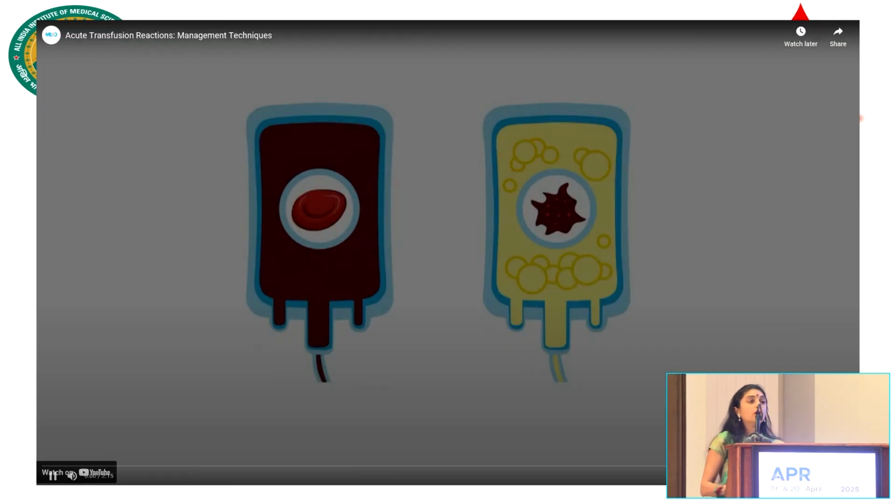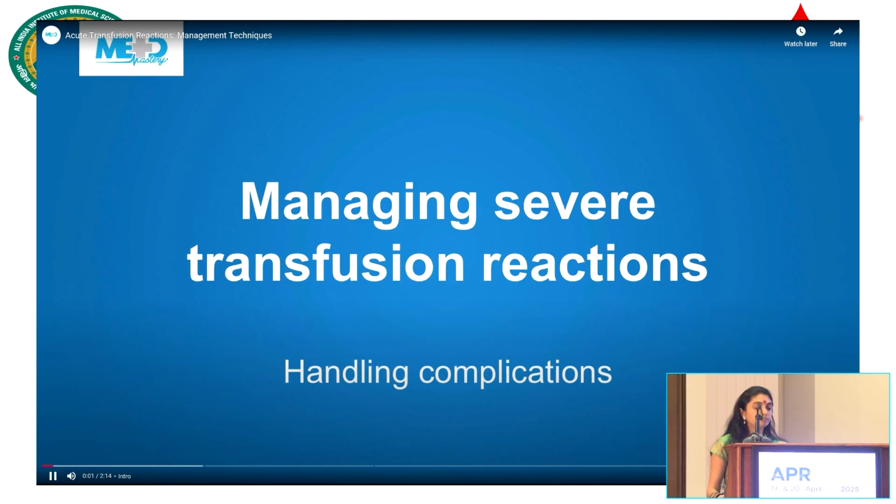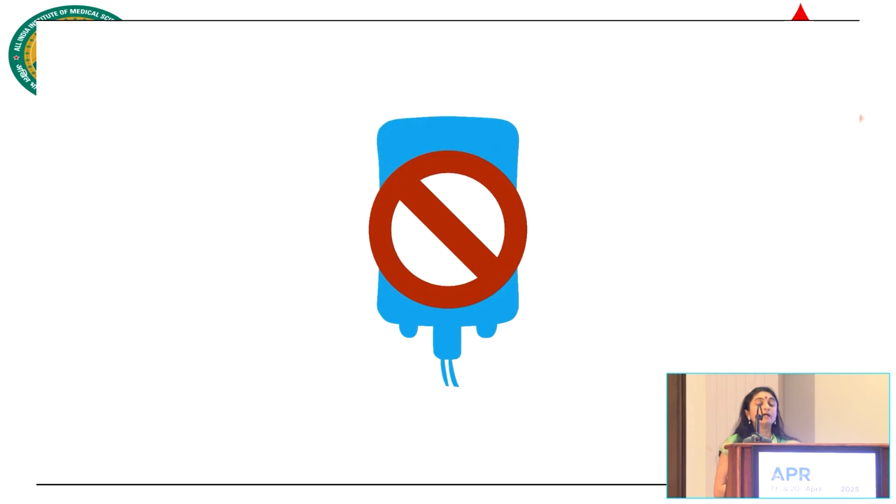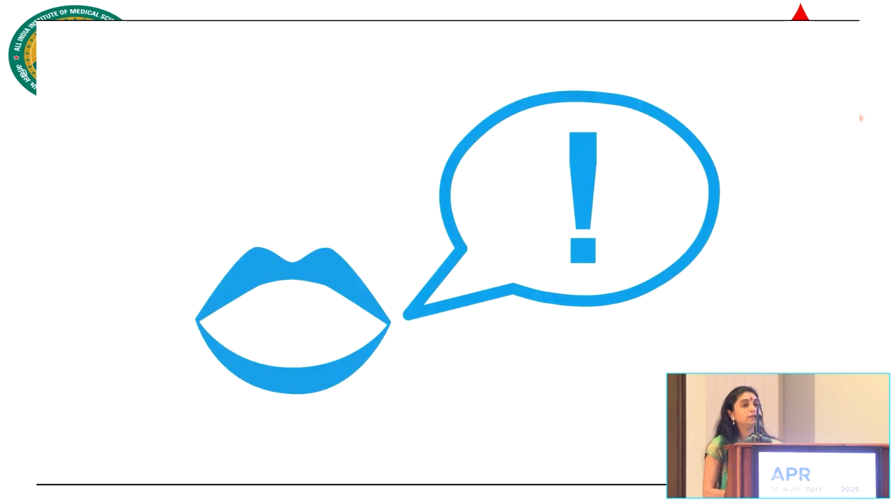So, what will we do if we encounter a transfusion reaction? When your patient shows signs of an acute reaction, what should we do? The first thing, as I told, is stopping the transfusion. Keep the IV line open.